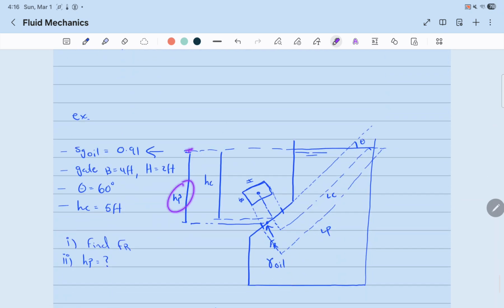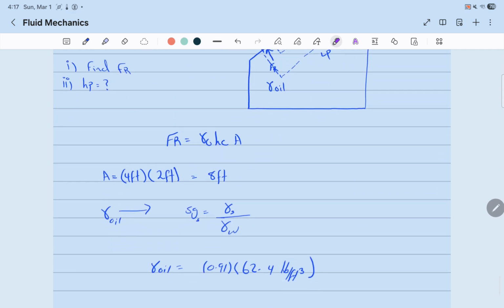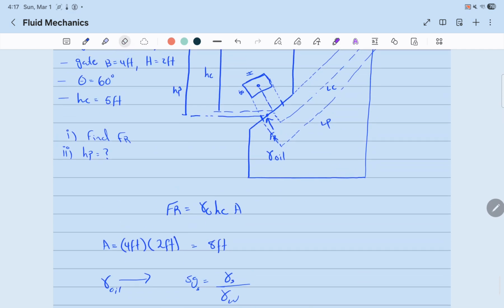HP is the depth from the level of the fluid to the point of pressure. It's the vertical depth, right? But LP is the location of the center of pressure. So sorry for the misunderstanding.